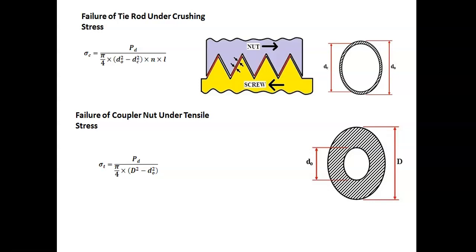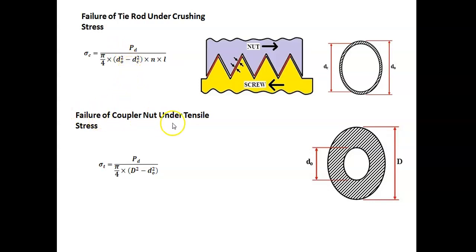Then all values will change, and the induced stress will be less than the design stress. If again the induced stress is more than the design stress, then take the next DC value. Likewise we have to be sure that the induced stress value is less than the design stress value. After being sure, you have to take the next step.